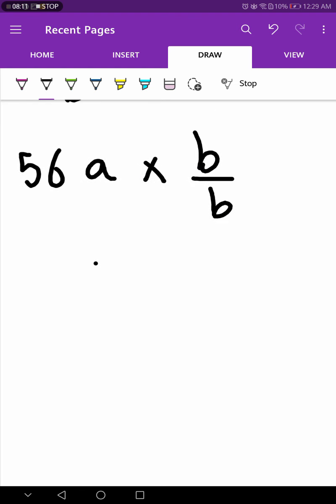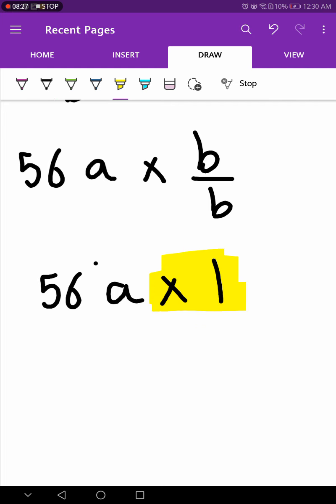Yes, and the next step is 56a multiply b over b multiply 1, and as you know here, it is identity property of multiplication, so I keep the 56 multiply a, or 56a. This is the simplest expression. Okay, my dear student.